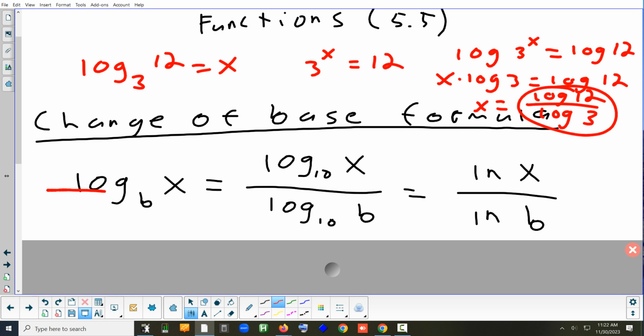Think of it as lined paper: the x is above the b when you write it as a log. When you use the change of base formula, the x is above the b. Log of x goes in the top, log of b goes in the bottom. Think b for bottom. B is the base. Bases always go in the bottom.